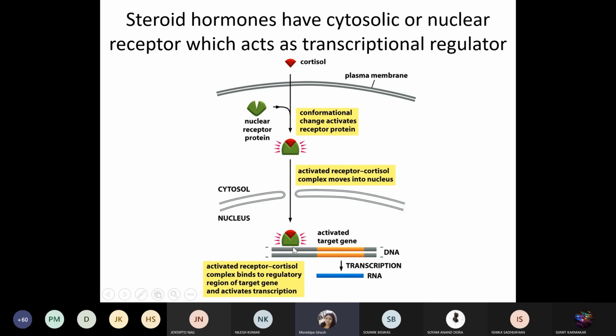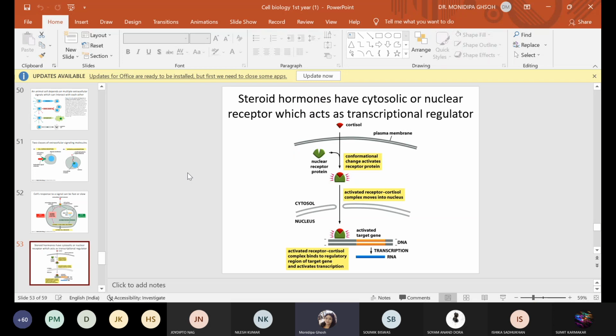The target gene has different sites, and the regulatory region where the complex has to sit is recognized, and the complex sits over it. The next step triggers target gene activation, and transcription happens. As it regulates transcription, it needs some time, unlike the steroid hormone, which acts quite fast when we apply it.